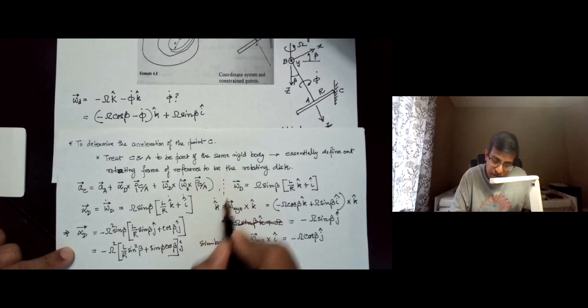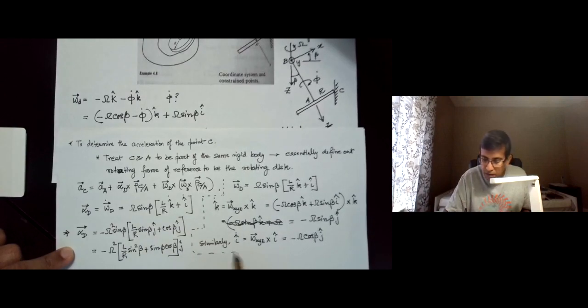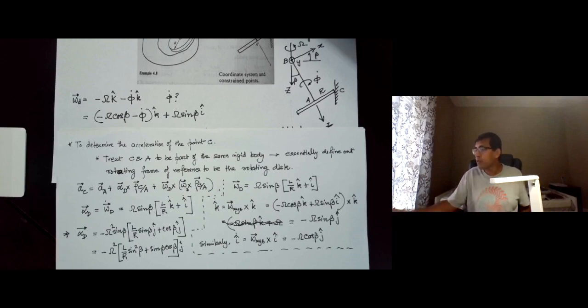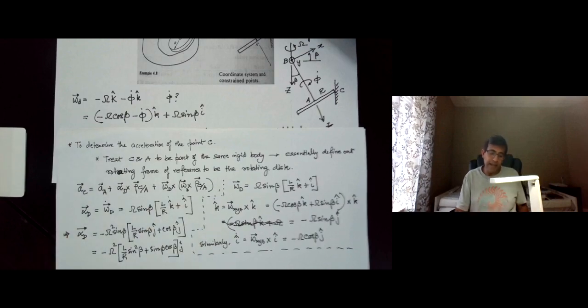And let me just demarcate this part. Okay, so now we have the angular acceleration as well of the disk. So now we can go on to the implementation of this equation, which will give us the acceleration of the point C.